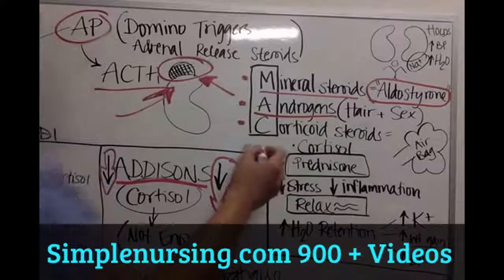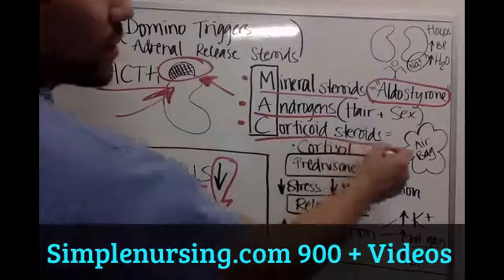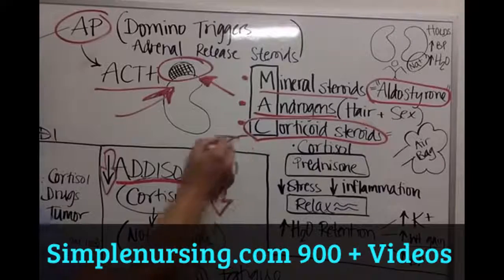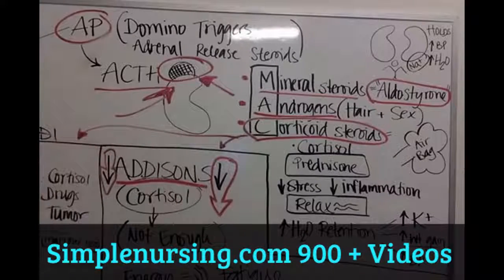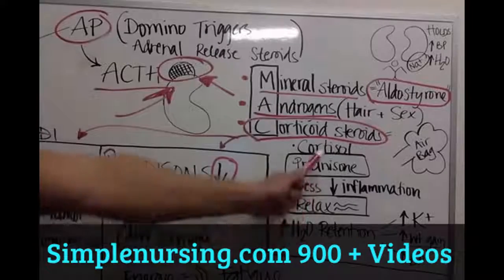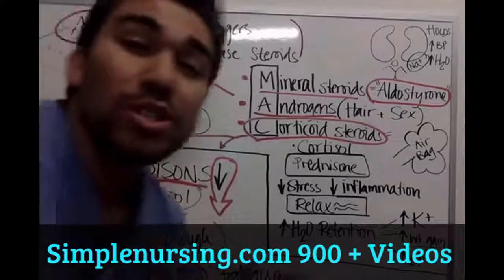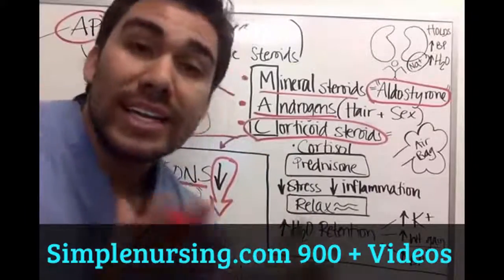Next is your C, your corticosteroids. And this, guys, is what we're talking about in both of them. That's right, Addison's disease and Cushing's. Corticosteroids, guys, the big one is cortisol. That is produced naturally in the body.